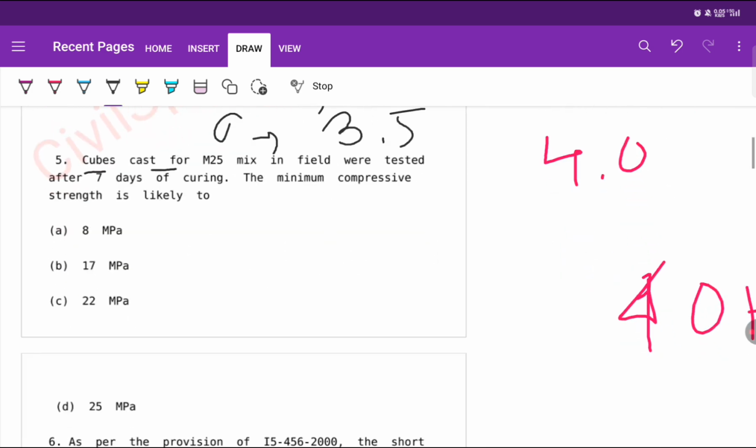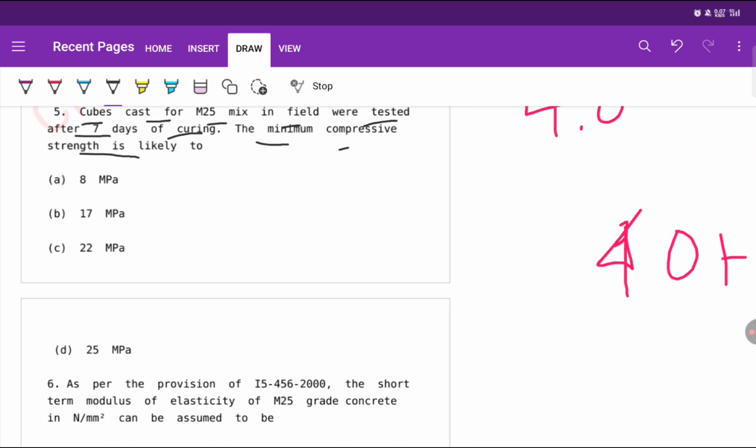Cubes cast for M25 mix in the field were tested after 7 days of curing. So the cubes of M25 grade mix in the field were tested after 7 days of casting. The minimum compressive strength is likely to be? So how much minimum compressive strength do we get at 7 days?